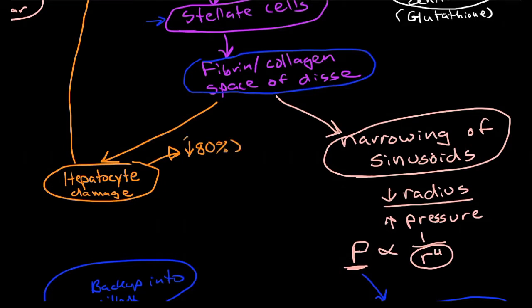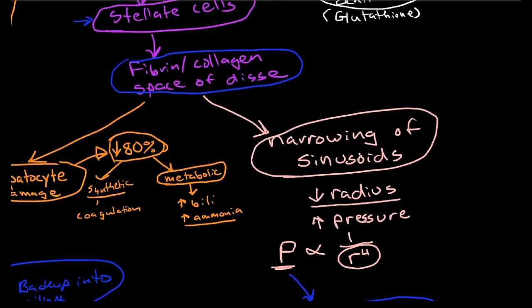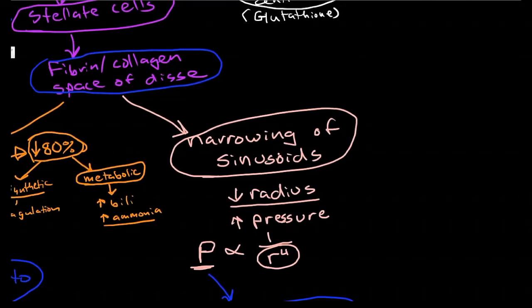And then when that happens, you begin to notice loss of synthetic function with derangements in coagulation, and you notice derangements in metabolic function, with hyperbilirubinemia and ammonia, etc. And then, I should also mention, and this probably isn't mentioned very often with the damage that's done to the space of Disse, but the other cells that are very important that are damaged are the Kupffer cells.